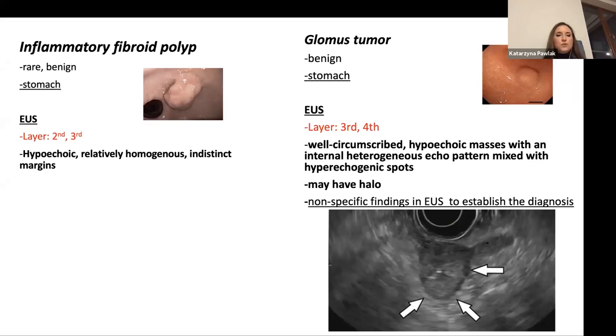However, in the case of glomus tumor, you will see that this lesion generally doesn't have specific findings in EUS examination. So sometimes EUS features alone are not sufficient to establish the diagnosis for this type of lesion, and they can include a halo in EUS examination.